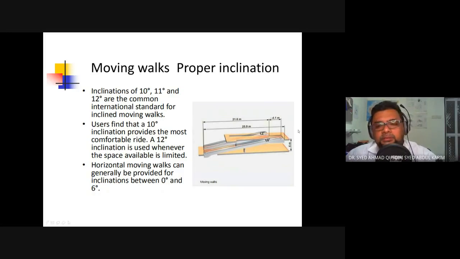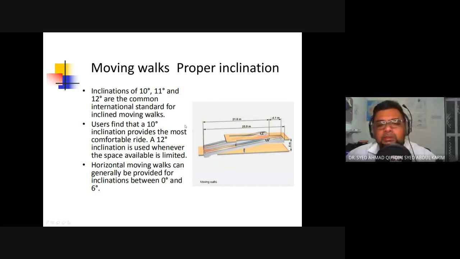So 10 degrees is more comfortable. The lower the angle of inclination, the more comfortable it is. 12 degrees is used for economy or limitation of space.